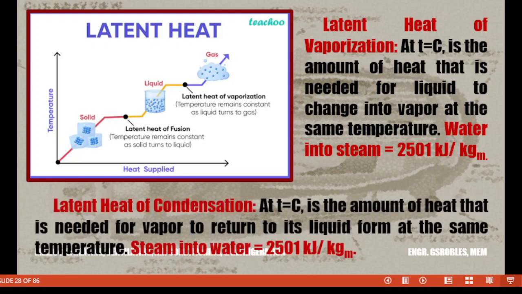So, conversely speaking, ito rin yung same amount, which is again 2,501 kilojoules per kilogram, in this case, that is actually being needed to be released in order to convert steam back again into its liquid form, which is water. So, tawag naman natin dito is what we call the latent heat of condensation.